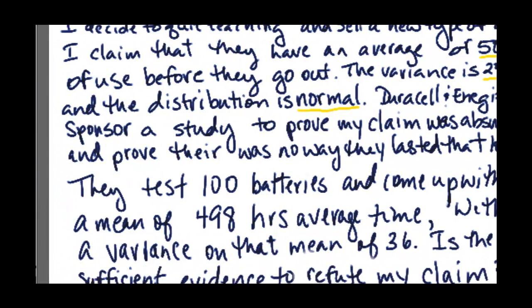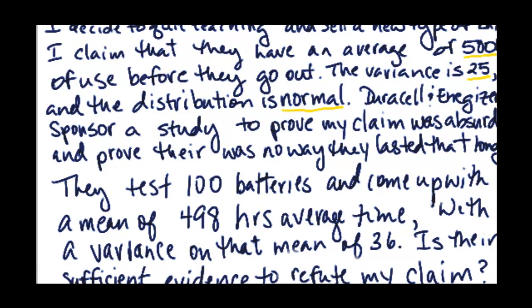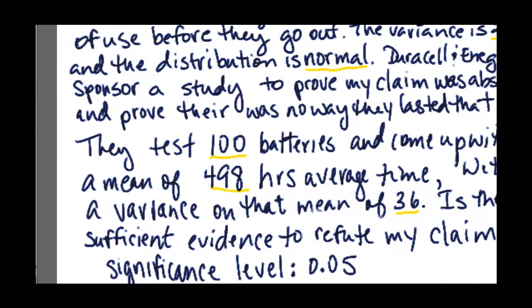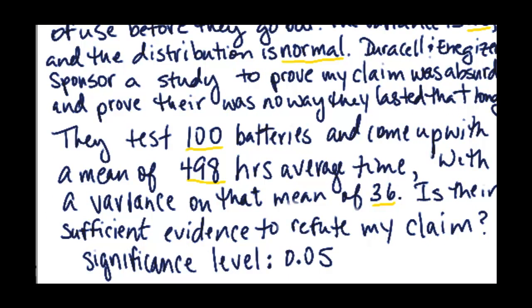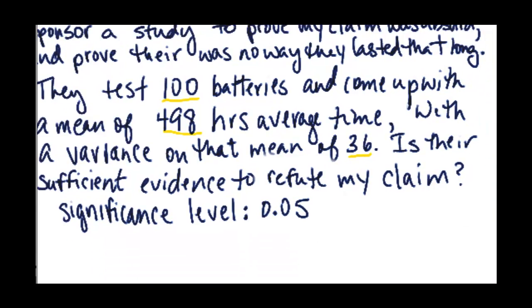Duracell and Energizer say, oh, okay, there's no way that it could last that long. And they test 100 of my batteries, come up with a mean and a variance of that mean. And then I want to know if there's enough evidence to refute my claim. Basically, tell me I'm full of it about my 500-hour batteries.